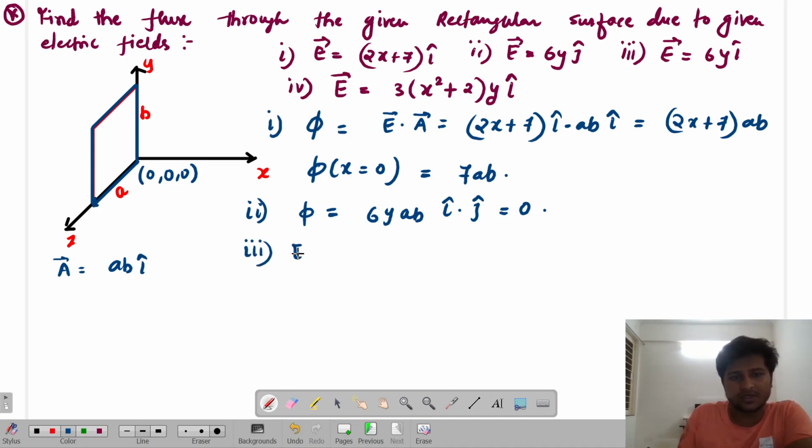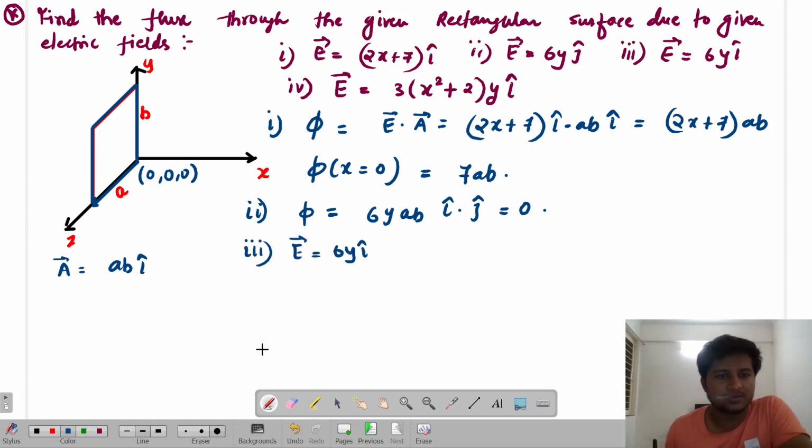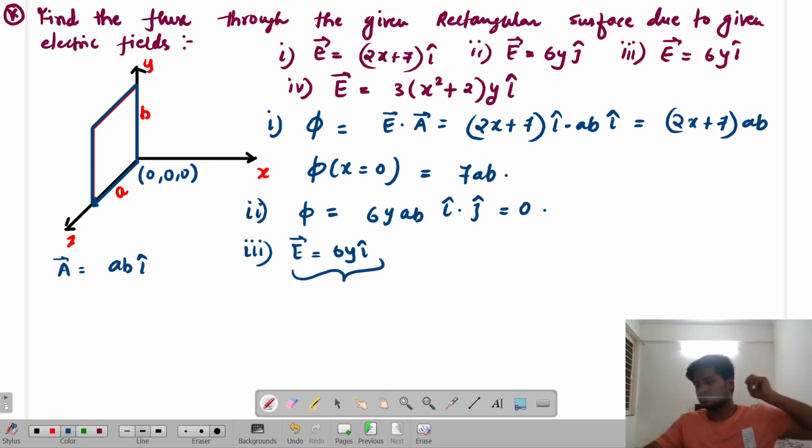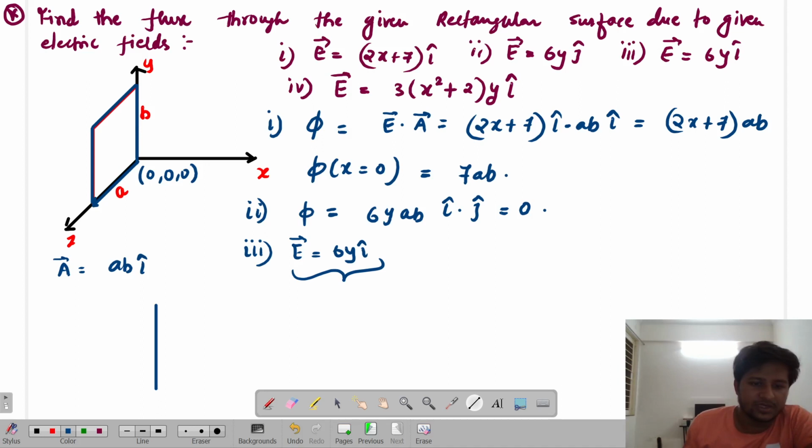The third one is E vector equal to 6y i cap. It means the variable is varying, y is varying. Can you tell me the meaning of this 6y i cap? See, try to understand. Let's suppose I have the xy plane.